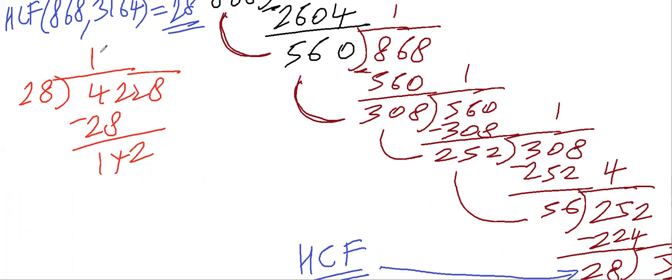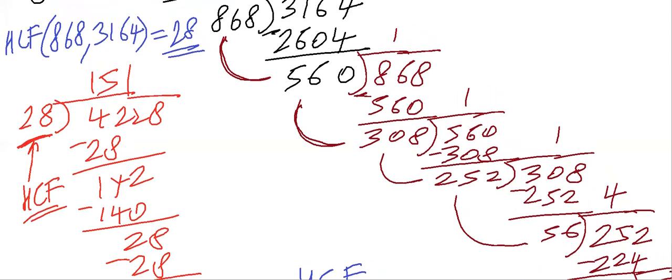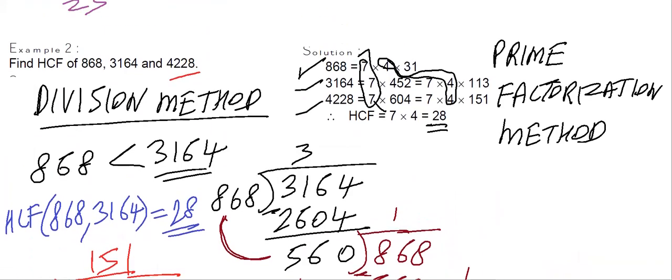Then 28 times 5 is 140. Again subtract, you get 28. So 28 times 1 is 28. I am getting remainder 0. That means 28 is the HCF. This is called the division method. Got it?